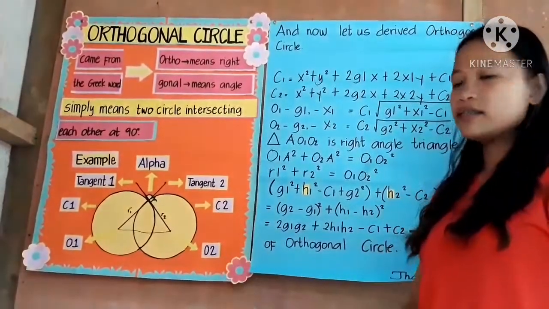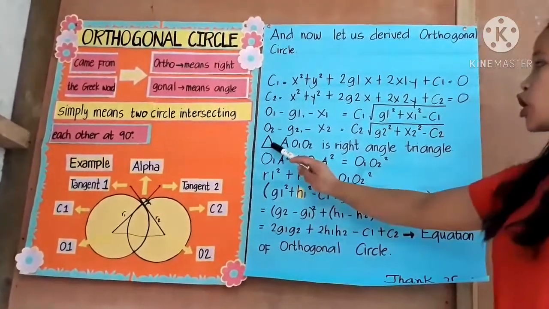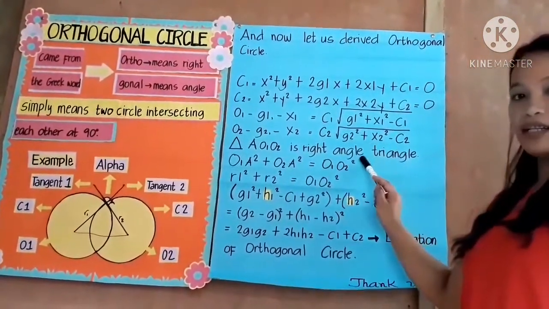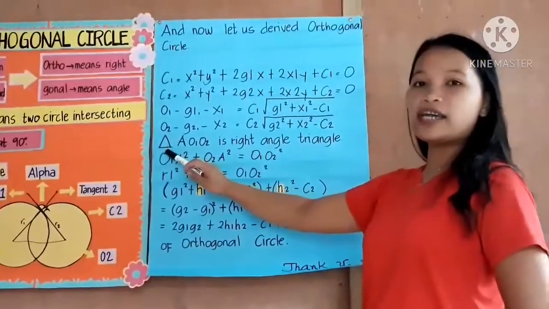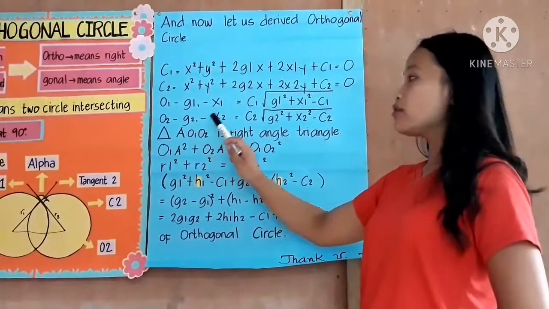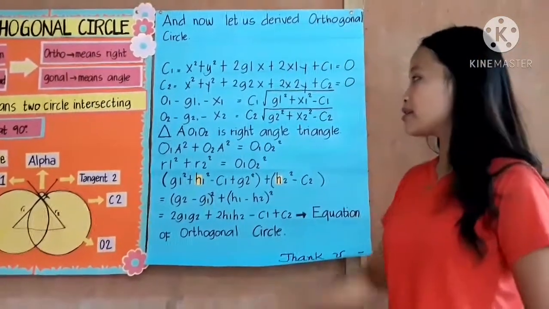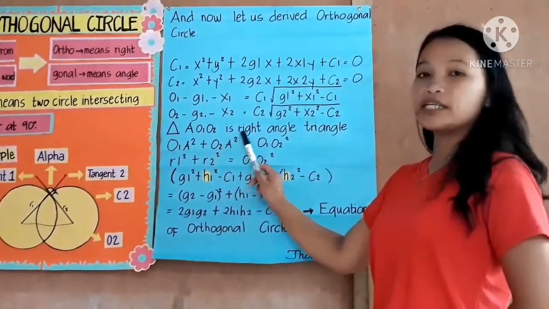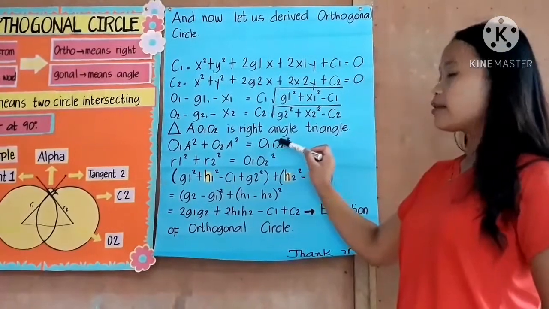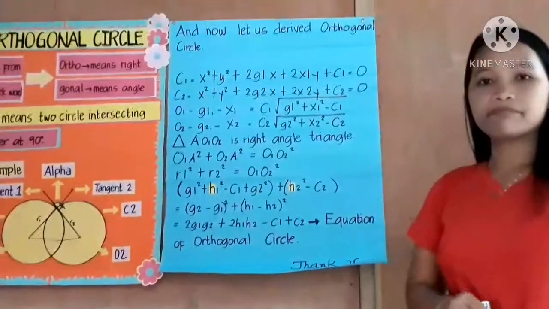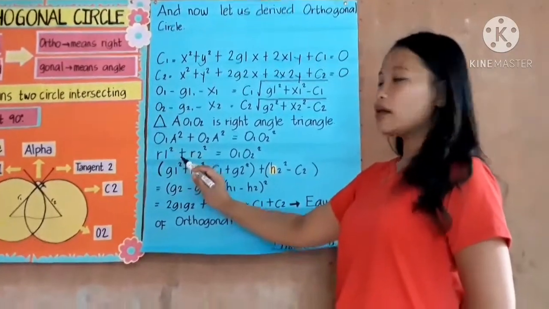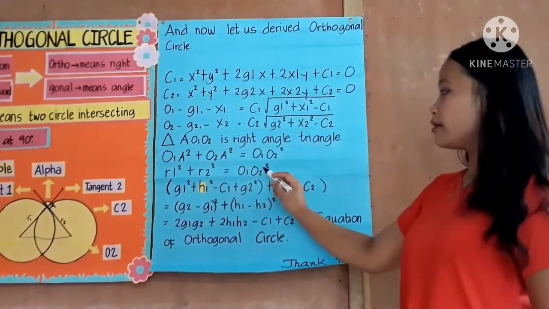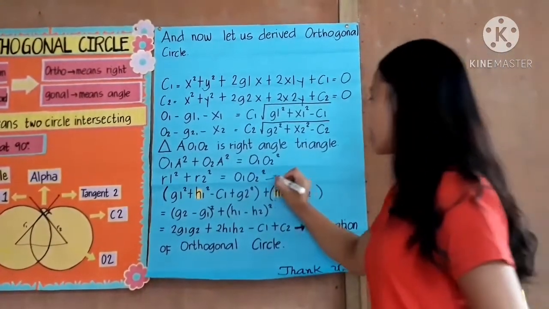For that reason, I can write down that triangle AO1O2 is a right triangle. It can be derived as O1A squared plus O2A squared equals O1O2 squared. That is, radius 1 squared plus radius 2 squared is equal to O1O2 squared.